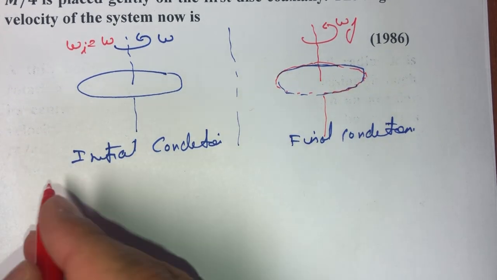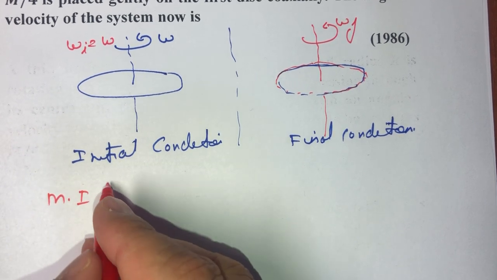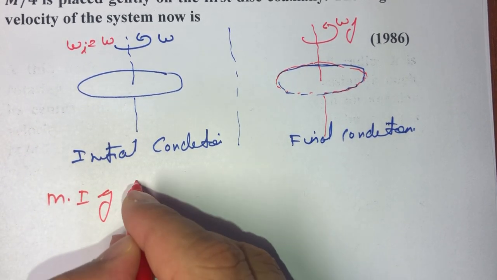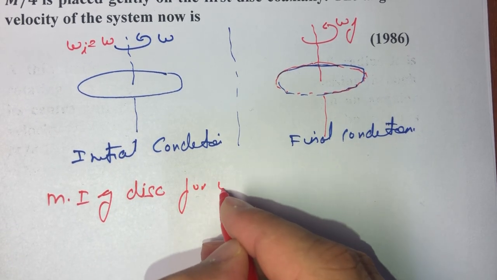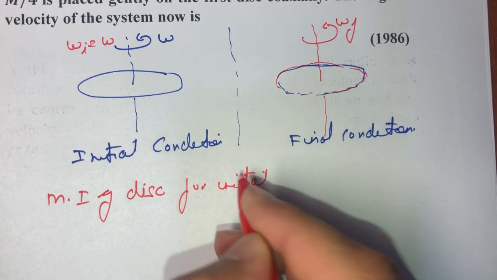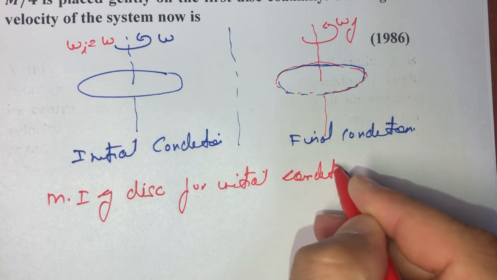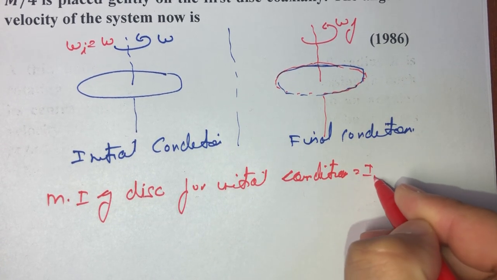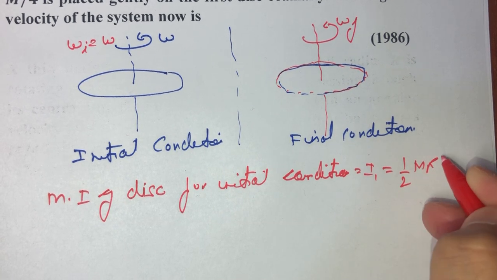The moment of inertia of the disk for the initial condition, let us call that I1, and I1 will be equal to half m r square.